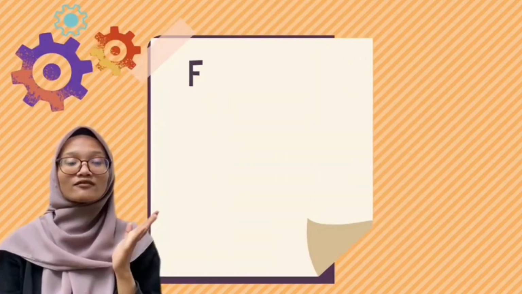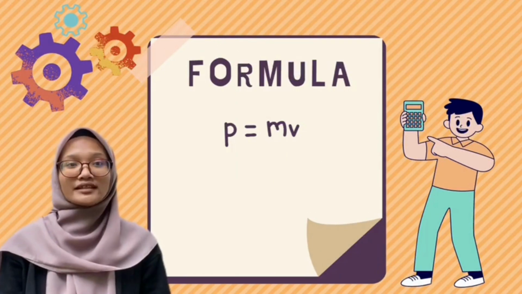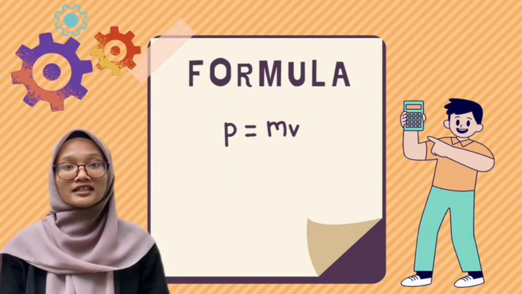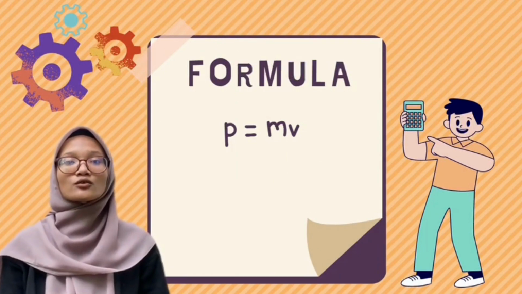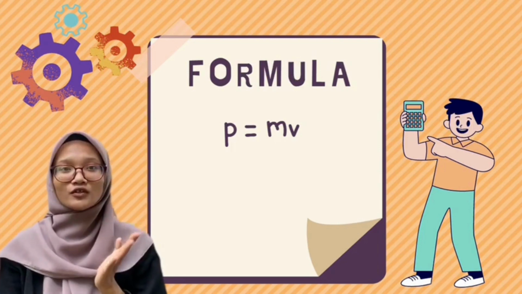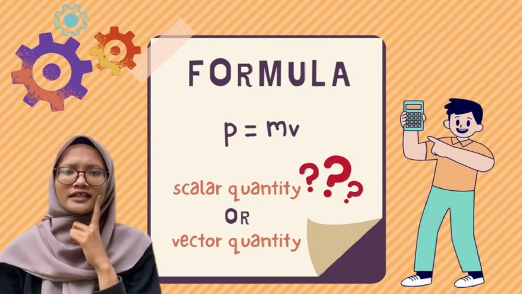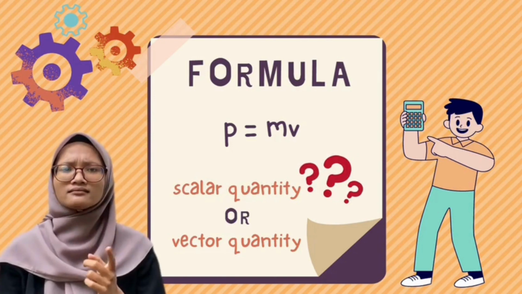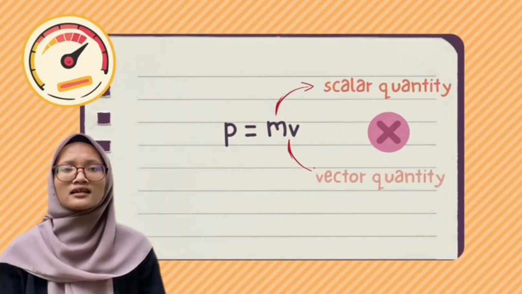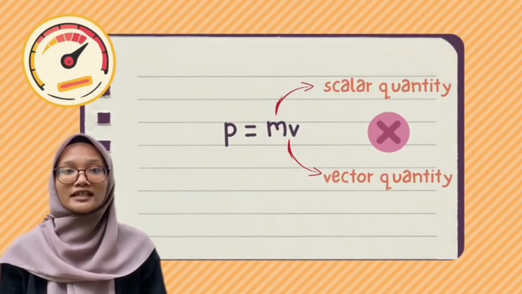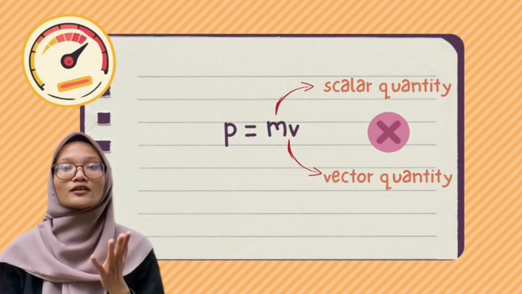Here's the formula for momentum. Momentum, represented by the lowercase p symbol, is equal to the product of mass and velocity. Now, is momentum a scalar quantity or a vector quantity? What would you say? Mass is a scalar quantity and velocity is a vector quantity.